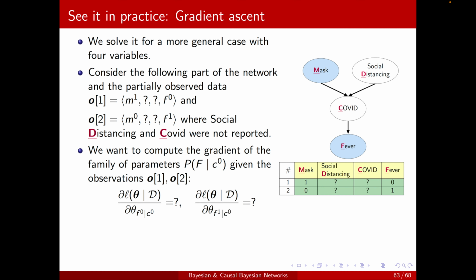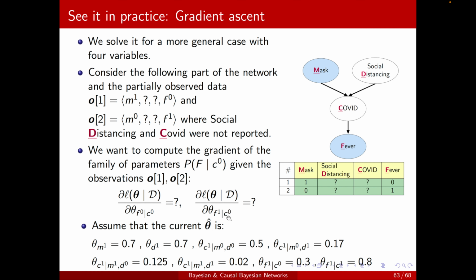Namely these 2 terms: the gradient of the likelihood conditioned on theta of F0 given C0, and with respect to theta of F1 given C0. And what do we know? We assume that the current value of theta hat, it could be the initial value, it could be somewhere in the middle of the gradient ascent algorithm, we have these values for it.